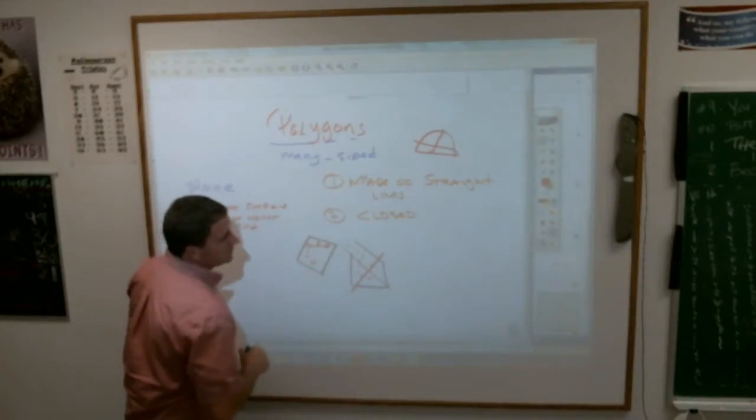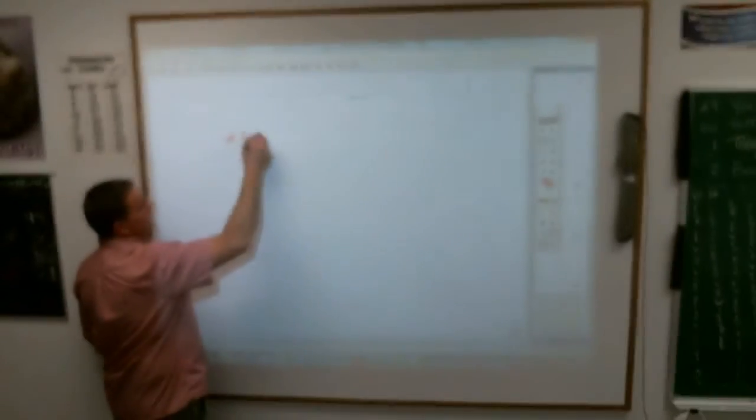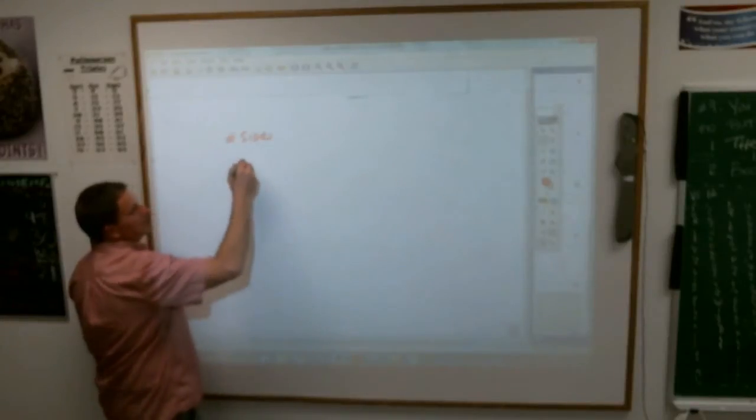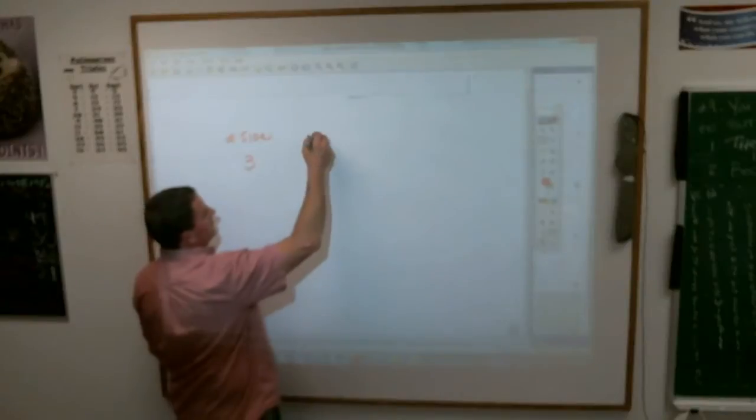For example, I'll have to start a new sheet here. We are going to draw polygons with 3, 4, 5, 6, 7, 8, 10, and 12 sides. We'll make a little chart here, number of sides. Let's start with a three-sided shape, which looks like this.